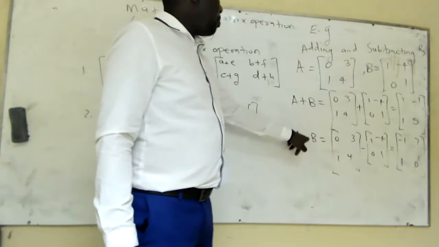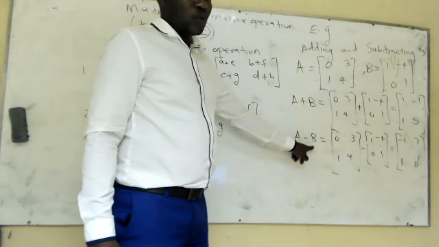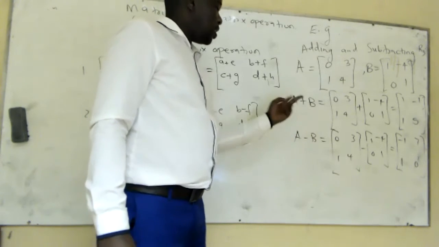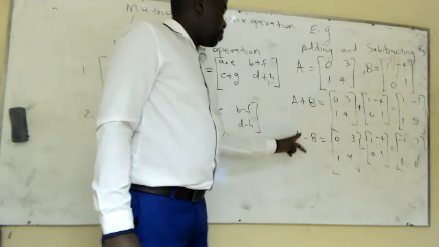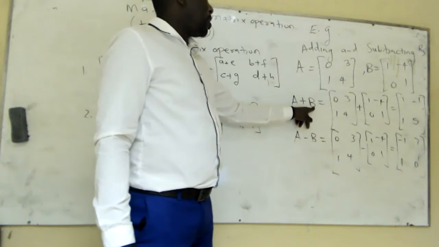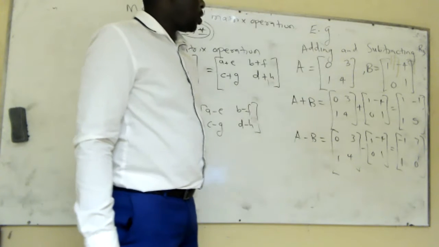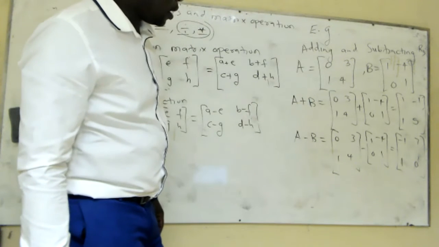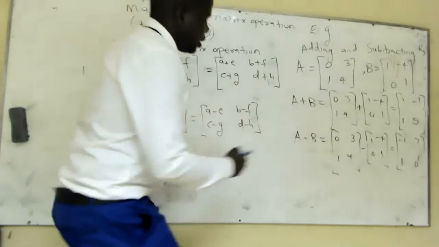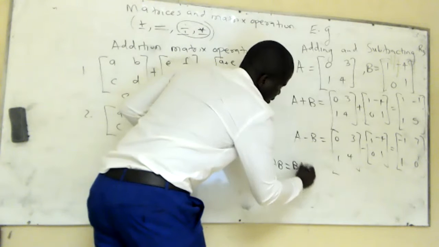But A minus B is not the same as B minus A. It's another important aspect which we have to take note of, that A minus B is not the same as B minus A, but A plus B is the same as B plus A. So that does not affect anything. Or is it for the multiplication, where AB is not the same as BA?